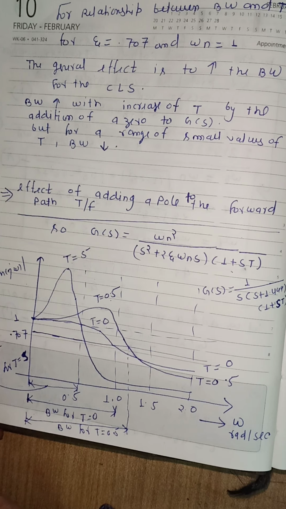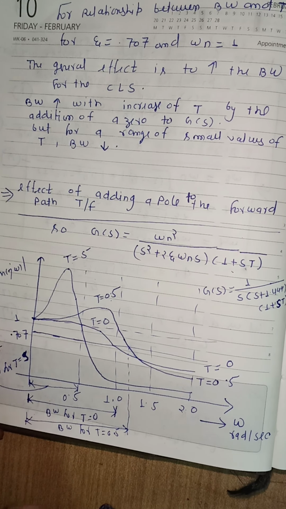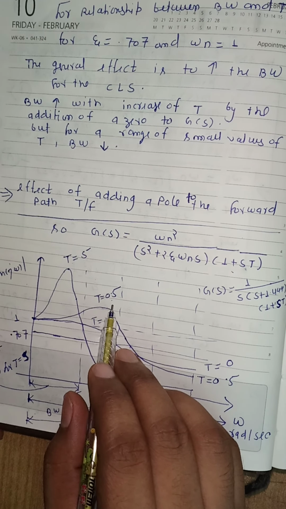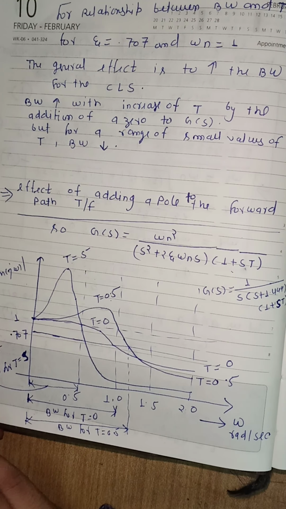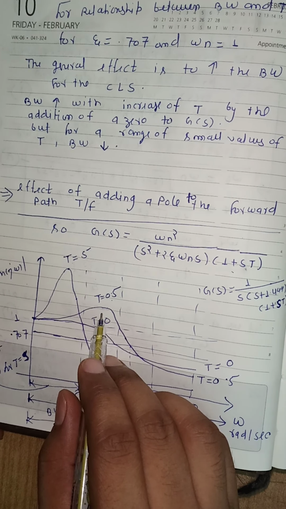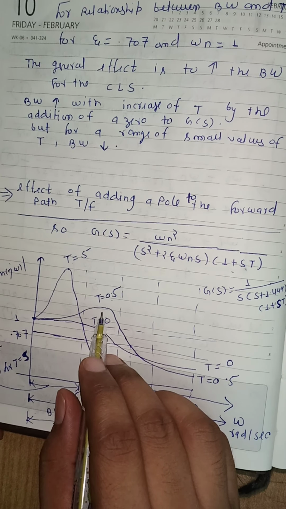So what is the conclusion? For small values of T, let us say 0.5, the bandwidth of the system is slightly increased by the addition of a pole, and the resonant peak is also increased.